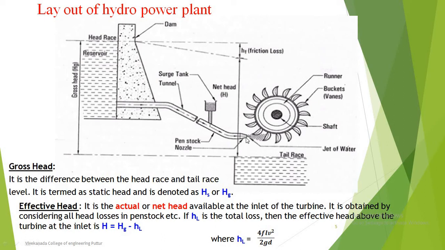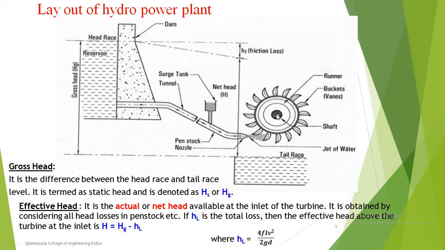At one end of the penstock, a decreasing diameter pipe is fitted. It is known as the nozzle. The water coming out from the nozzle is known as the jet. The jet strikes the series of vanes fitted on the runner. The runner is fitted on the shaft.